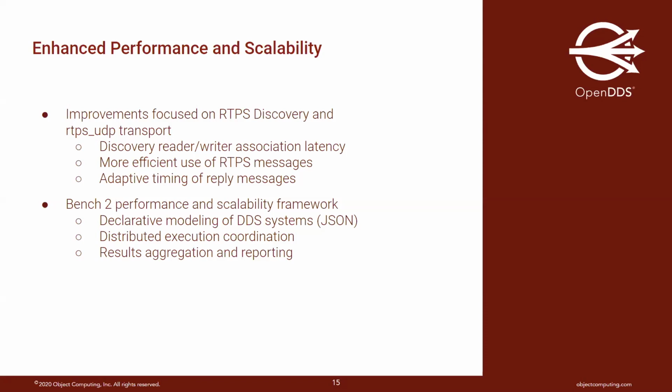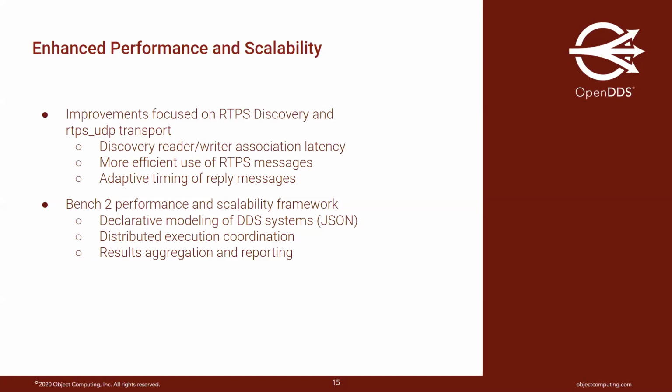Along with these performance and scalability improvements is a completely new OpenDDS application in the OpenDDS repository called Bench 2, a performance and scalability framework. Bench is named after benchmarking. The idea, which we'll talk about more in a moment, is how do we set up a test system that we expect to have similar performance characteristics to our real production system in terms of the number of nodes in the system, what topics they're on, frequency of data publication, size of data, quality of service policies, and configuration?